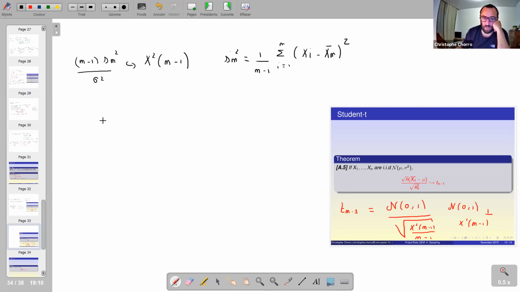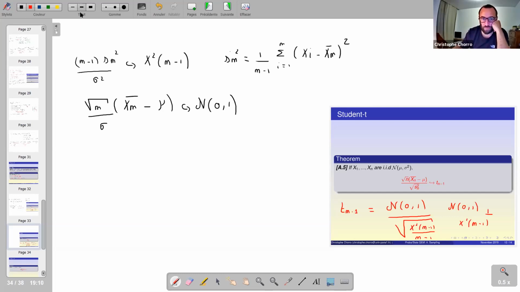We have also seen together that square root of n, xn overline minus mu, over sigma follows N(0,1). It's what we have seen previously.